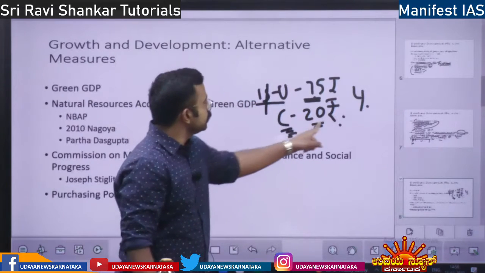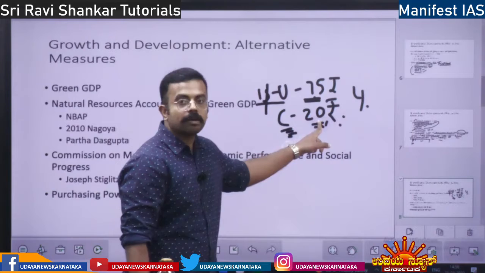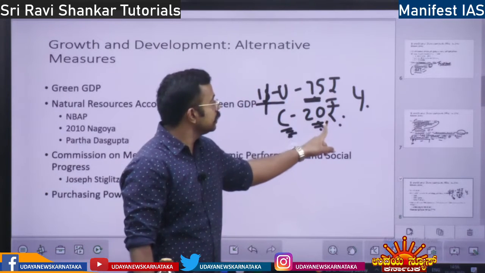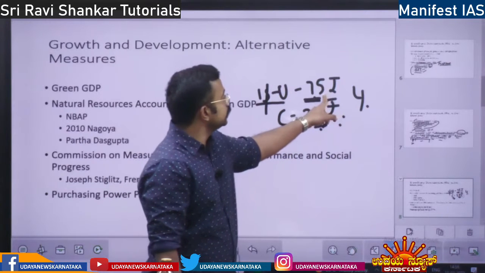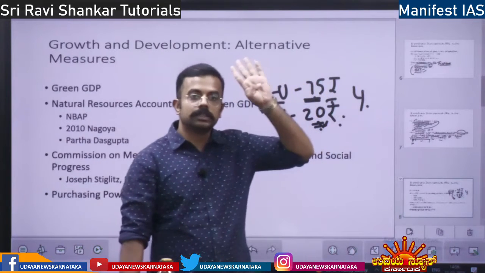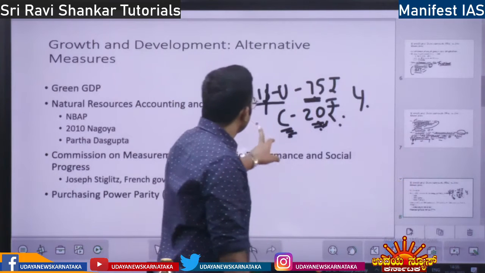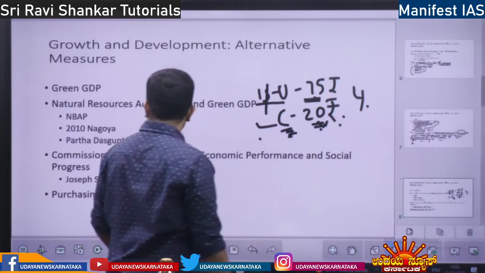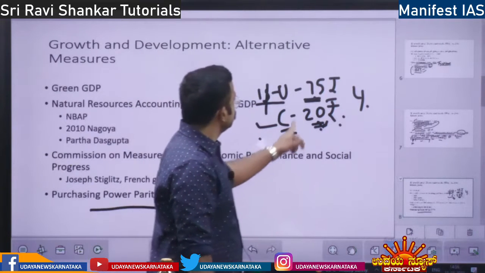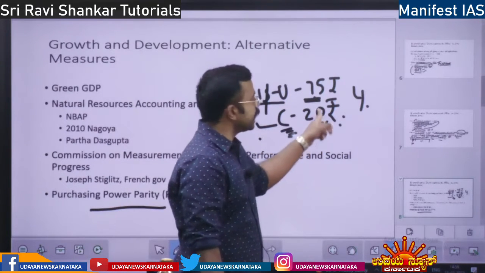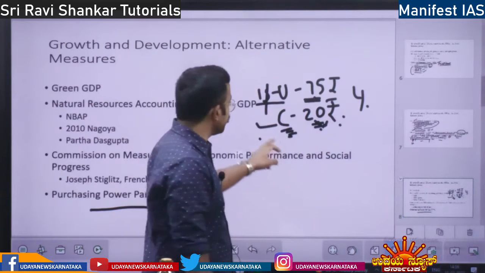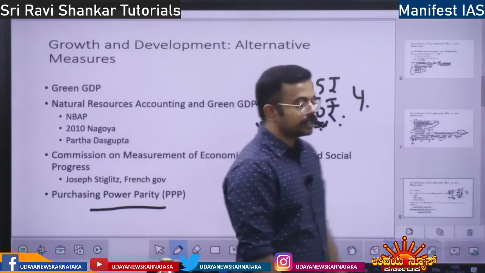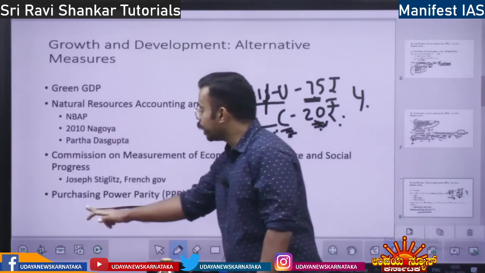Indian currency, because it is purchasing a coconut at just 20 rupees. Indian currency can purchase how many coconuts for $1? Some 4 coconuts. So this is more powerful. Purchasing power parity. The same price, Indian currency can buy 4 coconuts. That is why Indian currency is powerful. So this is the concept of purchasing power parity.